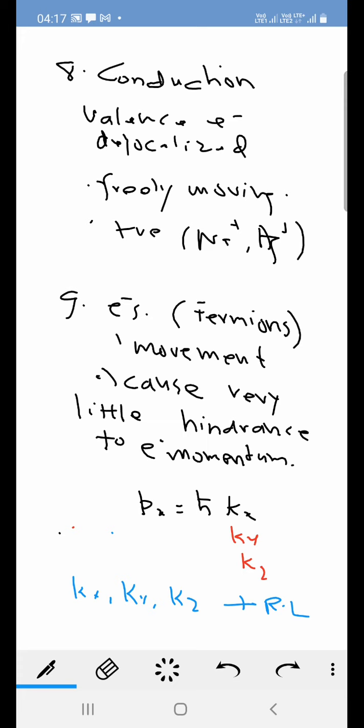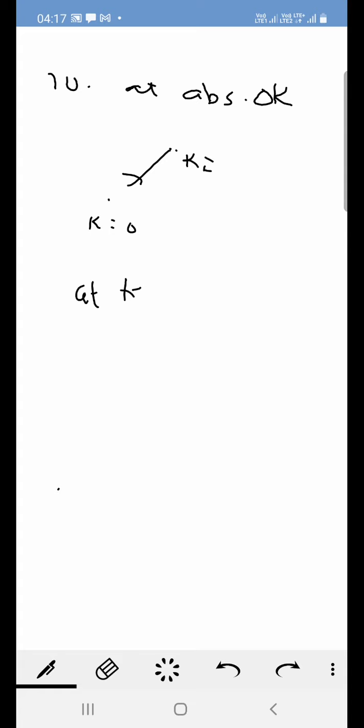At absolute zero, if k equal to 0 is the origin, any point in the reciprocal lattice is denoted by, say, the k_F vector, where k_F stands for the Fermi wave vector.